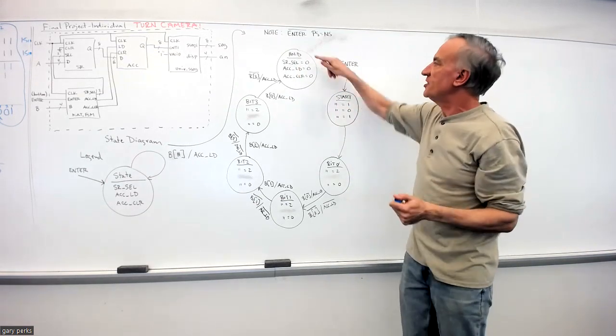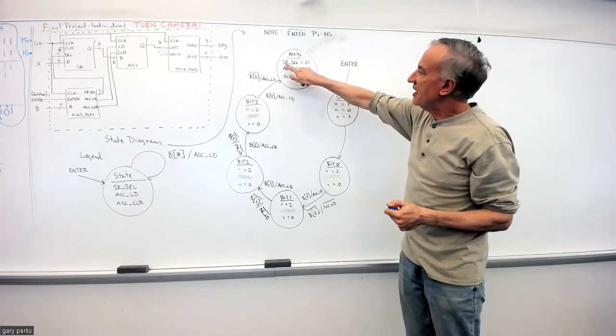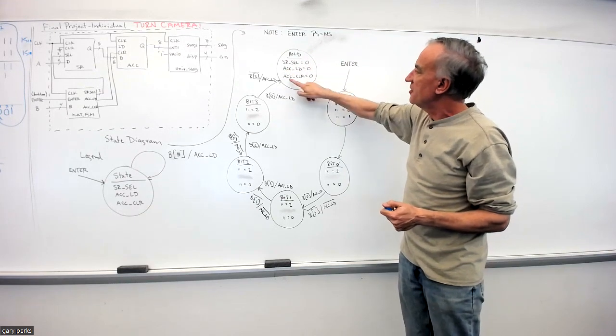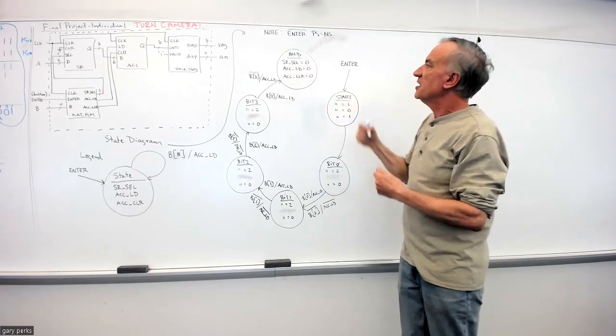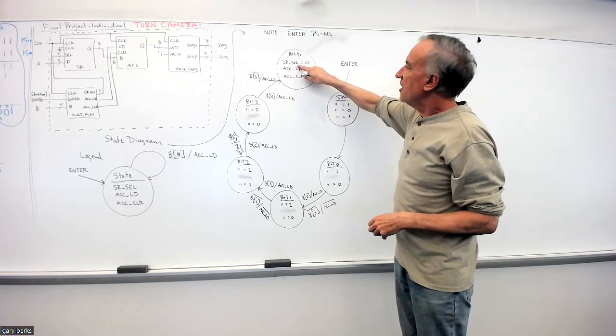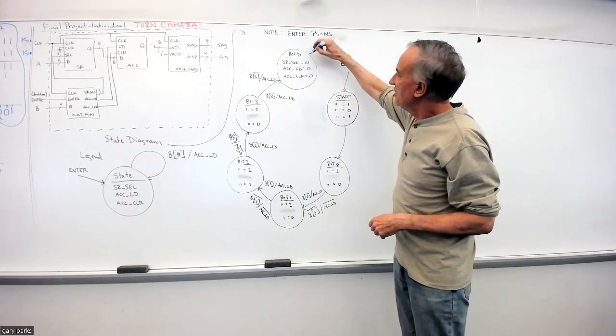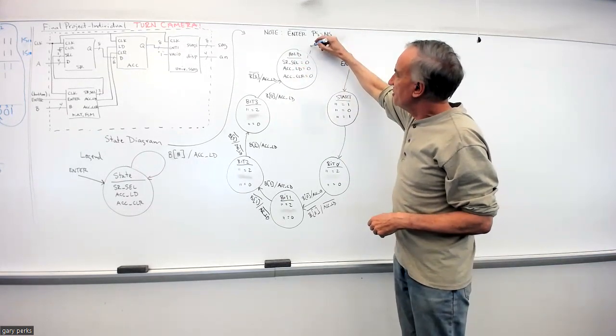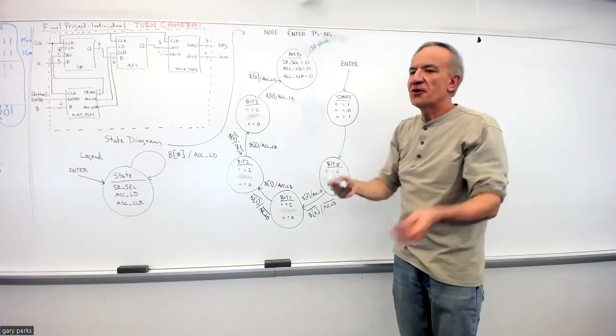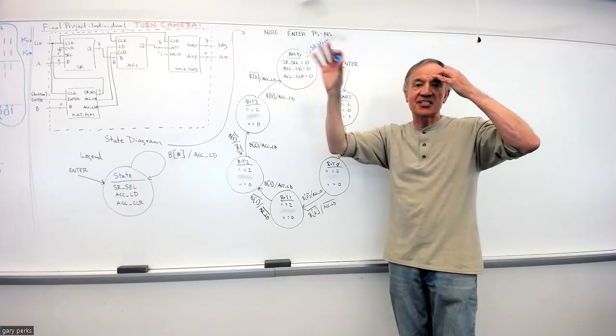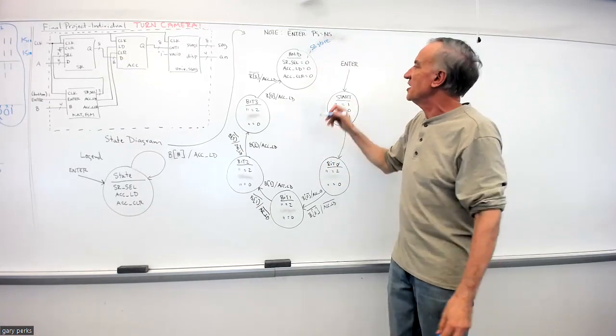Now, here in the hold state, you can see that SR select is a 0, accumulator load is a 0, accumulator clear is a 0. So if SR select is a 0, that means the shift register is just in the store state. Whatever is on Q to begin with, it's just going to keep in the hold state.